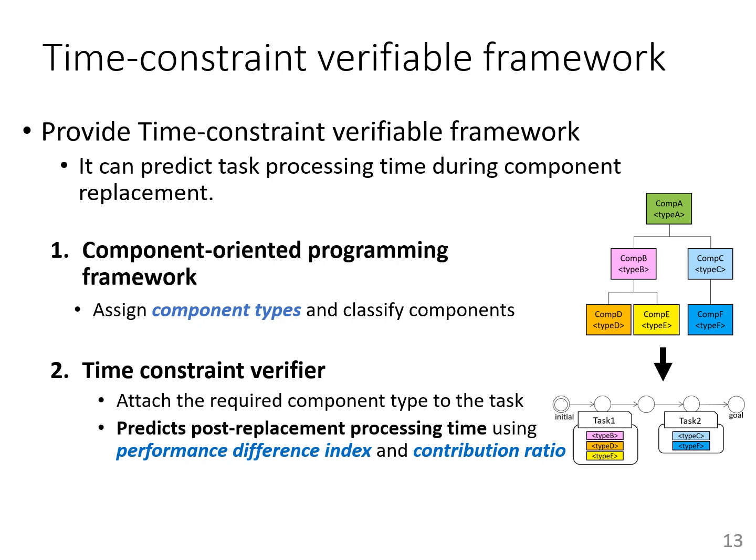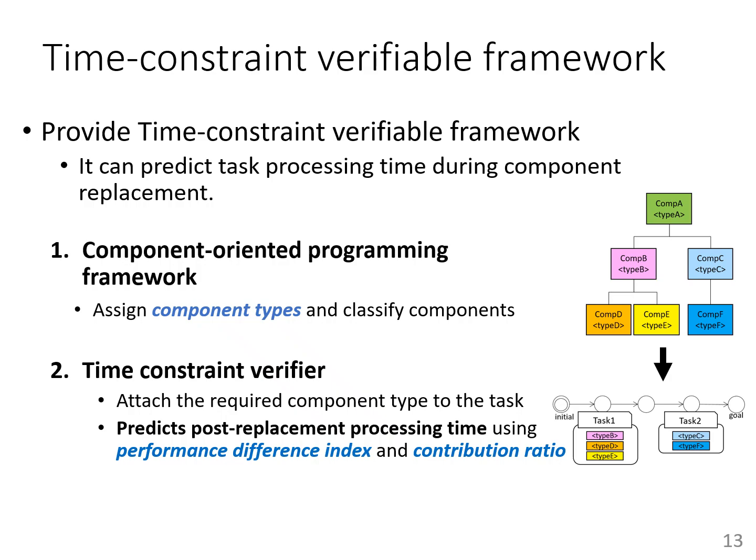The first one is the component-oriented programming framework. In this framework, each component is assigned a type representing its functional role. Tasks are then linked to the required component types, not specific components.